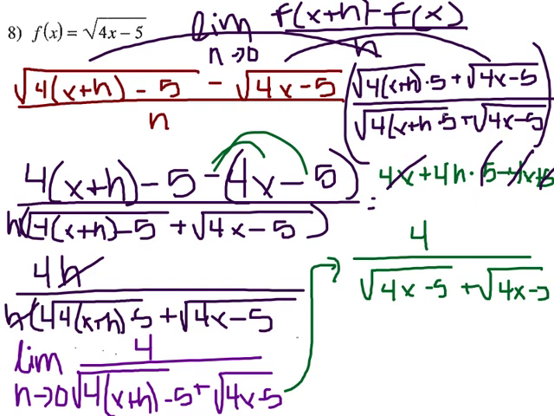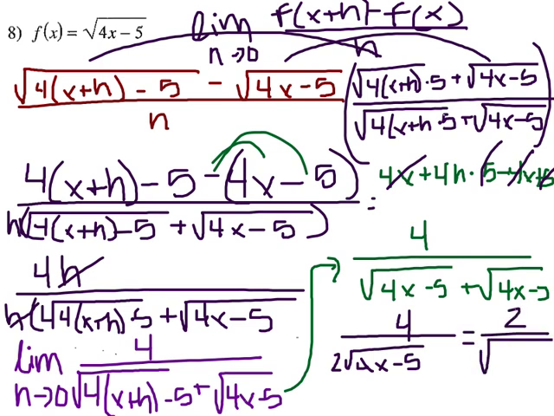Or we can simplify that down to be 4 over 2 times the square root of 4x minus 5. The 2 and the 4 will reduce, and we will get 2 over the square root of 4x minus 5.